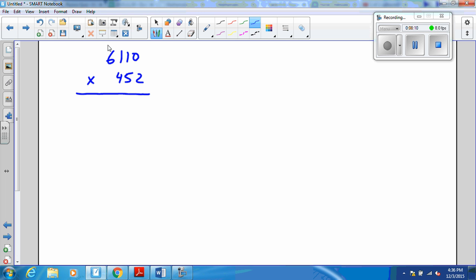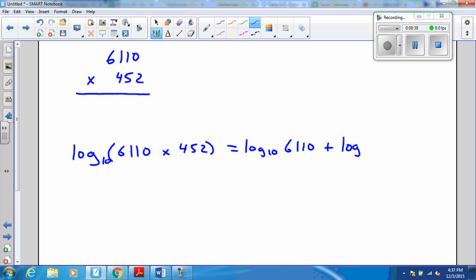The log table made these multiplications actually fairly simple, and here's why. If I take the log of the product, 6110 times 452, then according to my log properties, that should be equal to the log of 6110 plus the log of 452.